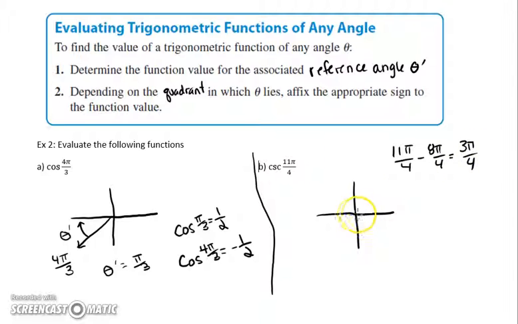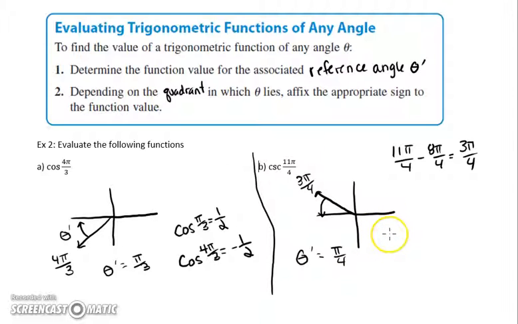So it's going to be in the same spot as 3 pi over 4, but you went once around the unit circle. Or if you didn't want to do it this way using our period, you can just count. So 1, 2, 3, 4, 5, 6, 7, 8, 9, 10, 11 pi over 4. It's going to be in the same spot as 3 pi over 4. If we look at the reference angle, theta prime is going to be pi over 4.